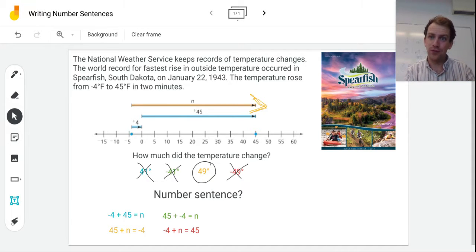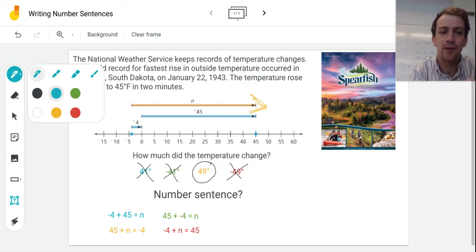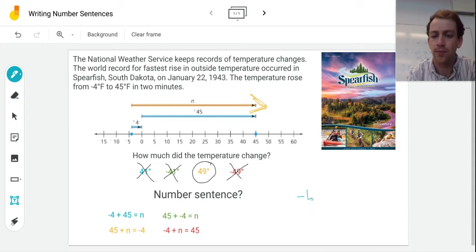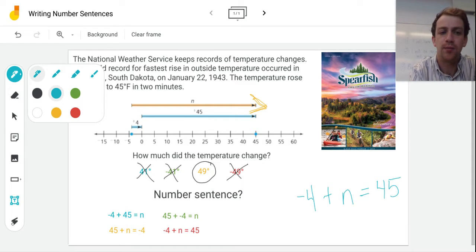What happened first, then what happened, and now where is the temperature? So if we're thinking about the temperature in South Dakota that day, the temperature started at -4. Then the temperature rose some number of degrees, and that caused the temperature to end at 45 degrees. I'll say that again and let me label each of these parts.